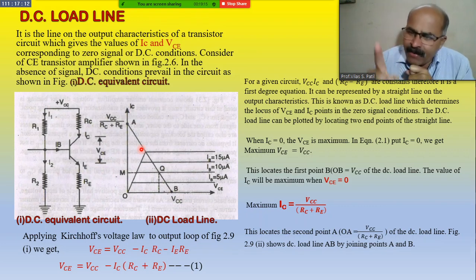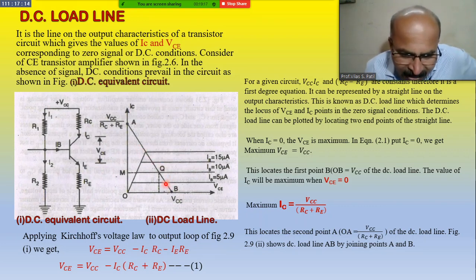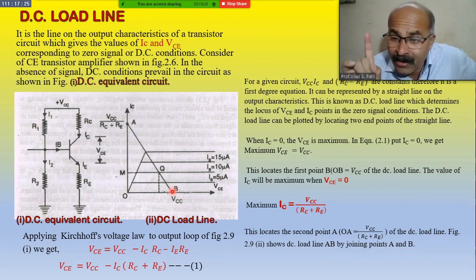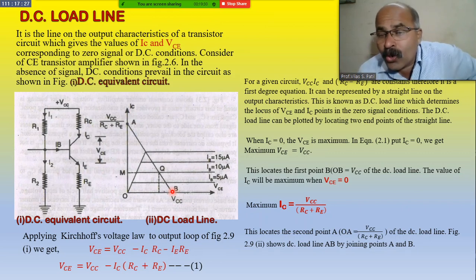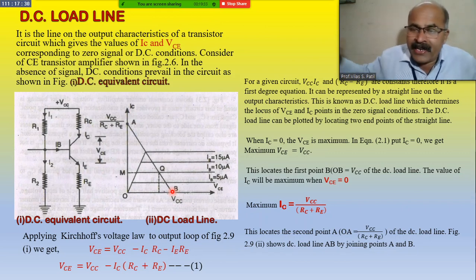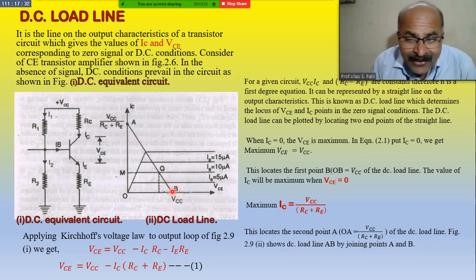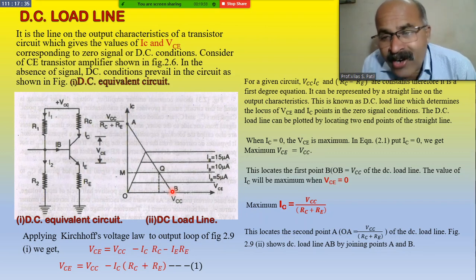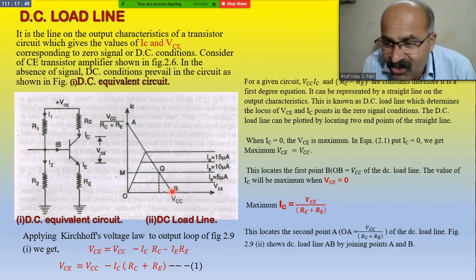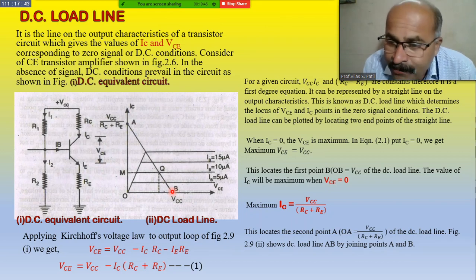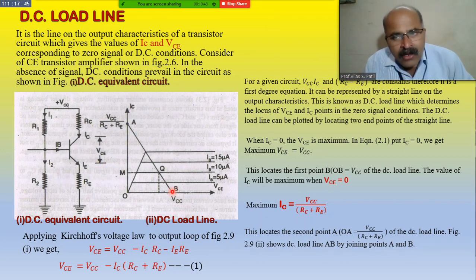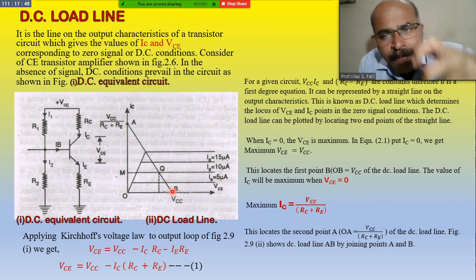In the same way, from this point to B, there are different points on DC load line AB, but here also these are not Q points or operating points, because the transistor does not operate in the active region and is not able to do its function of amplification.